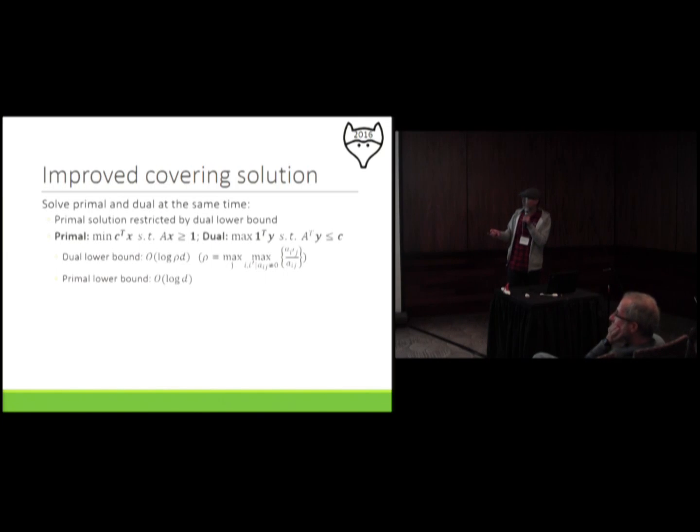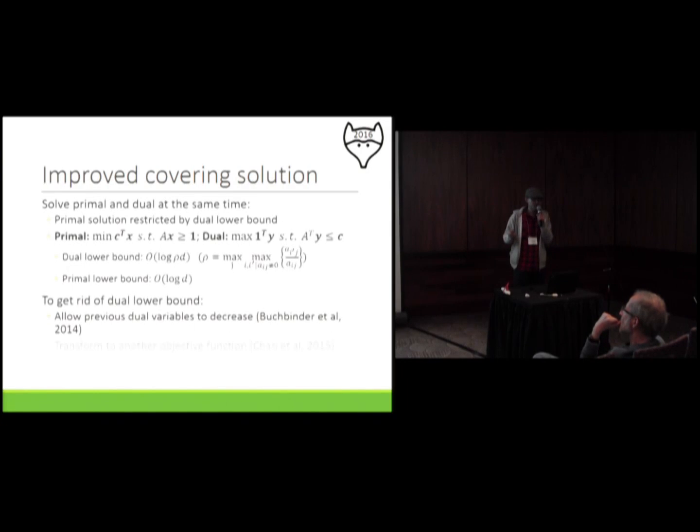For example, for the online covering with linear objective function, the dual lower bound is O(log rho d), where rho is the ratio of the coefficients. But the primal lower bound is only O(log d). If we want to get a ratio better than the dual lower bound, we need to do some trick.